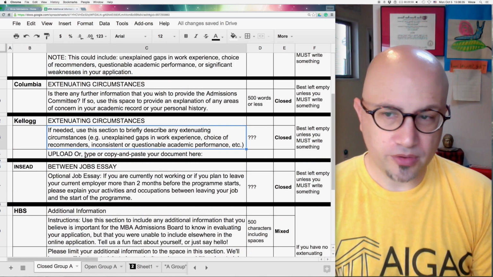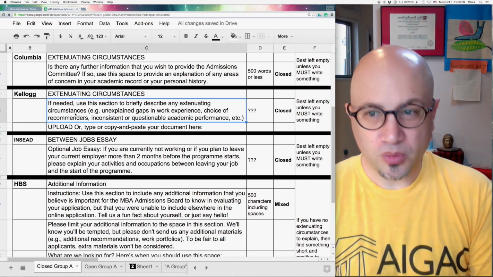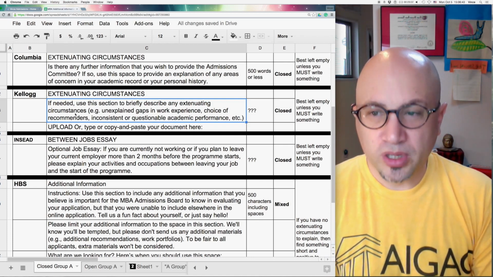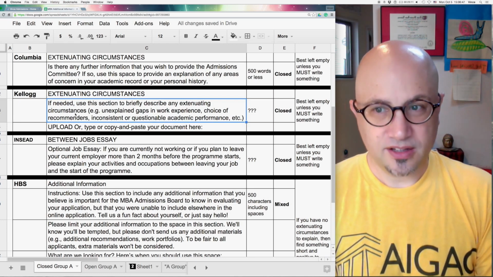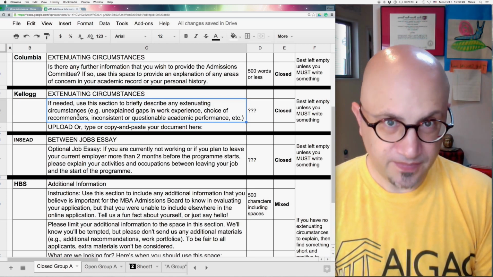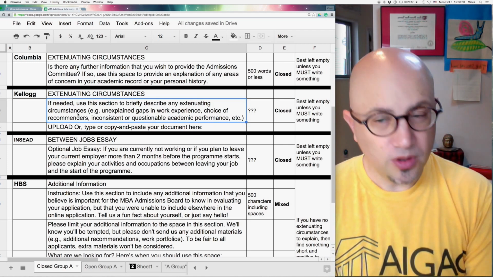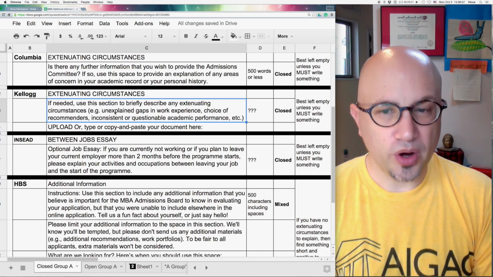Kellogg, good job to Kellogg. Kudos to Kellogg's new admissions director Beth, who I think has done a very good job with her team of being very clear, saying, if needed, use this section to briefly describe any extenuating circumstances. And again, helpfully, they define that as unexplained gaps in work experience.